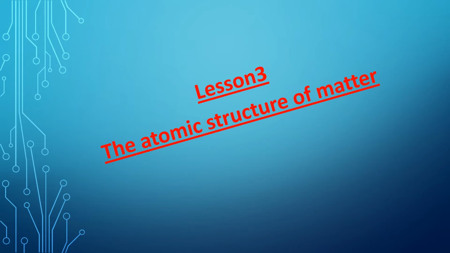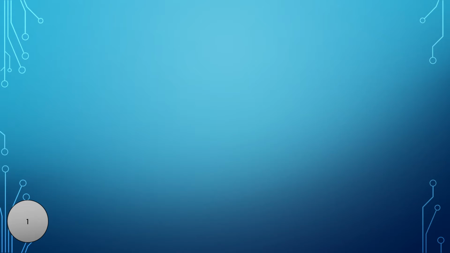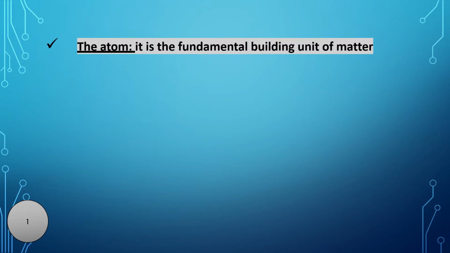Today we will start with the last lesson in our unit, which is called the atomic structure of matter. In this lesson, we will talk about what is the meaning of atom.